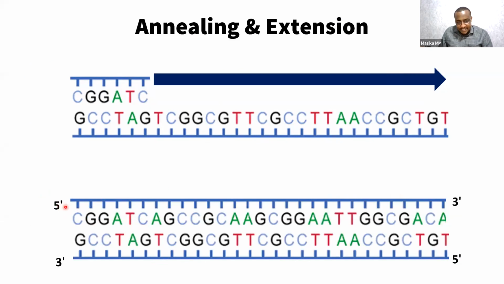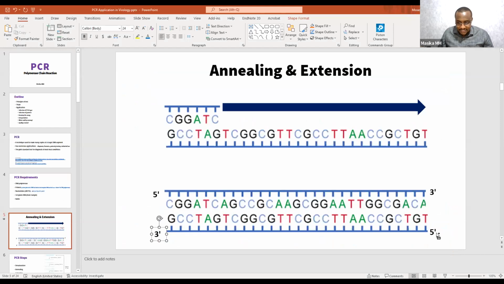Let me make sure my pointer can be seen. So this strand here, now assume this is double-stranded DNA. On this strand on top, the primer will not attach from the 5' side. It will attach on the 3' side, so that it can be running like this.